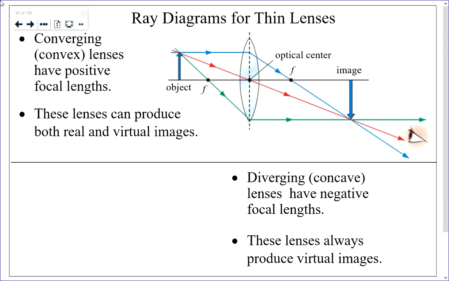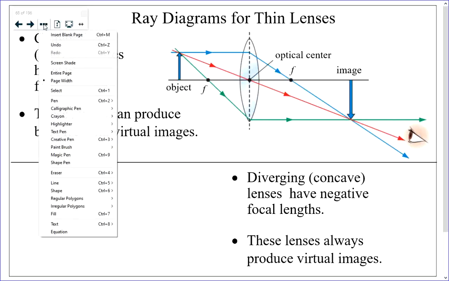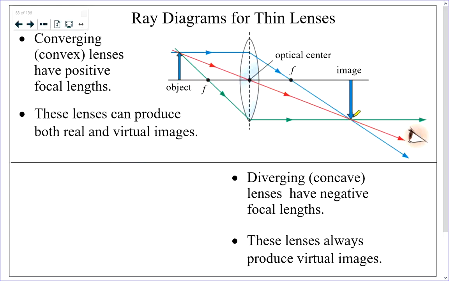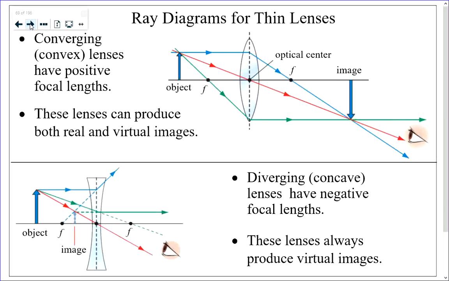And again, where those beams of light come together, which is right here, defines the top of the object, which in this case is upside down because it's a real image. You don't have to draw all three beams of light. Any two beams of light will meet where the image is formed.